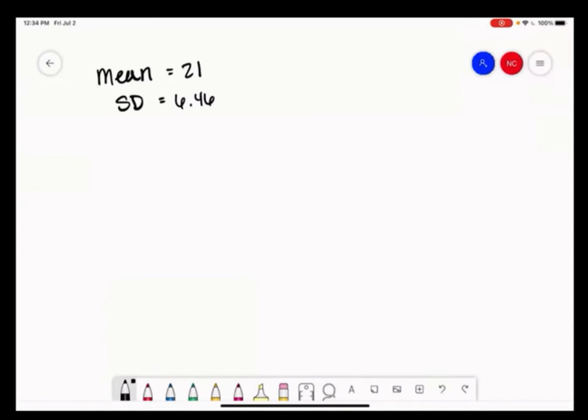And then our raw scores, just to note for our examples, were 9, 22, and 34. So we want to be able to calculate z-scores for each of these.